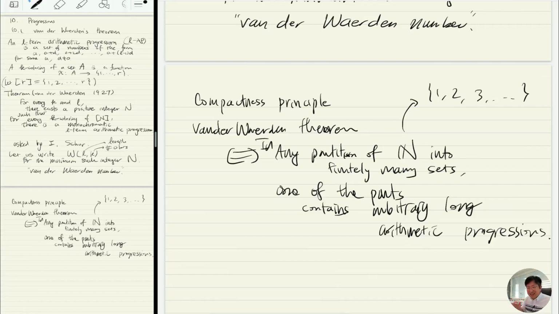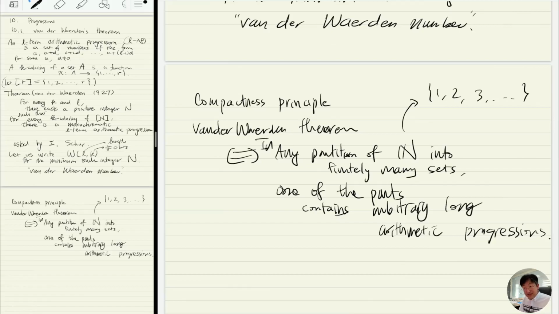I didn't say that I have an infinite arithmetic progression, because it may not have an infinite arithmetic progression, but there's one particular color that contains any length, like 100, then there's 1,000, there's 1,000,000.